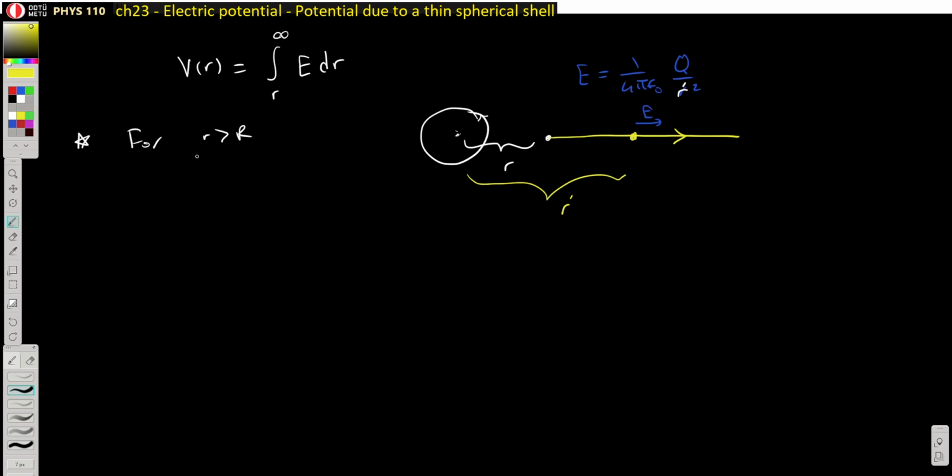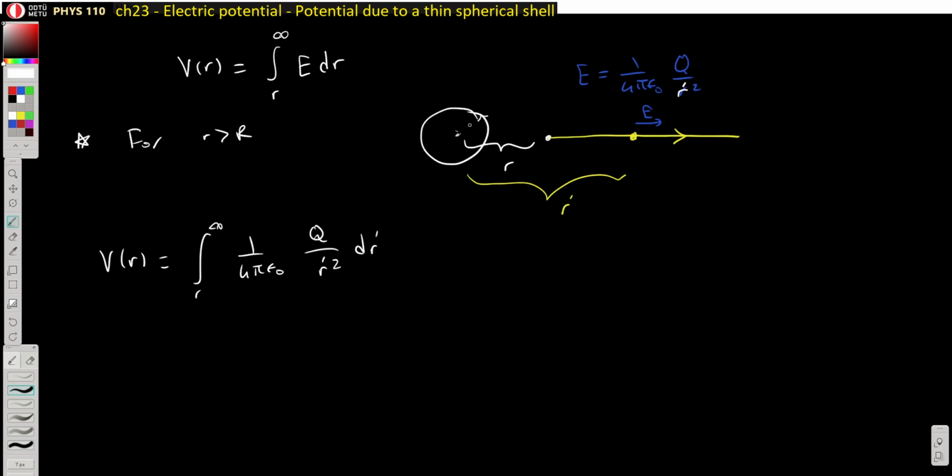In any case, let's just quickly do the calculation. So I know that this is an integral from r to infinity of 1 over 4 pi epsilon 0 q divided by r prime squared dr prime. Some of you may get confused why I'm using a different variable name in here, r prime instead of r, because r is just a fixed value.